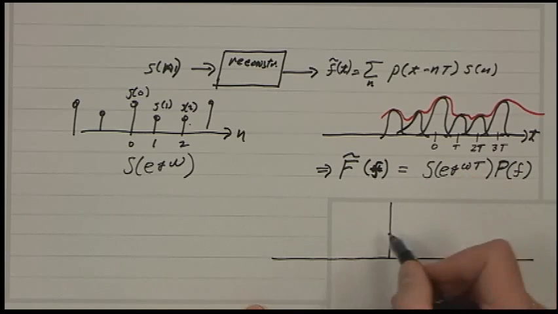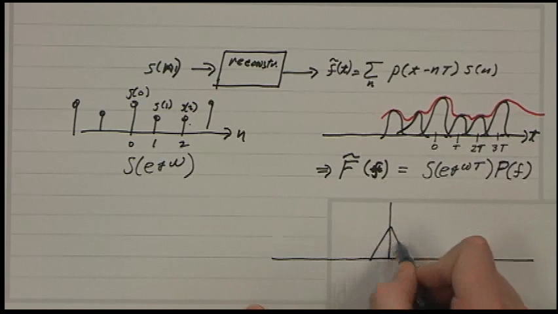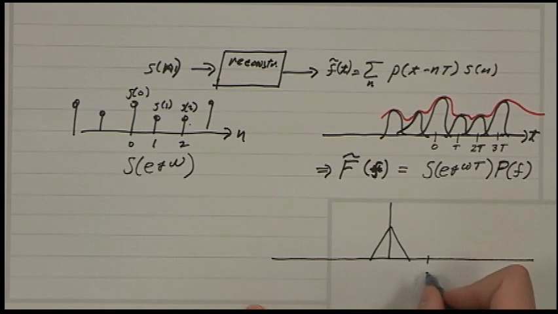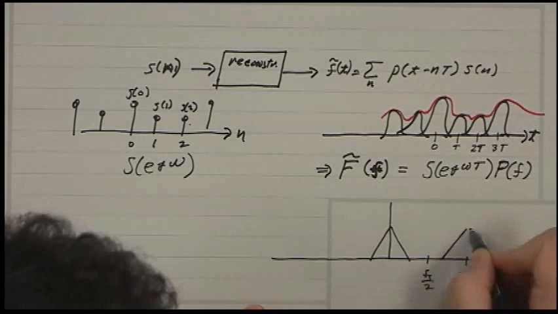So what will end up happening is you'll have something like this. So this is fs over 2, and this is fs, and this is fs over 2 times 3, okay? So you'll get like this.